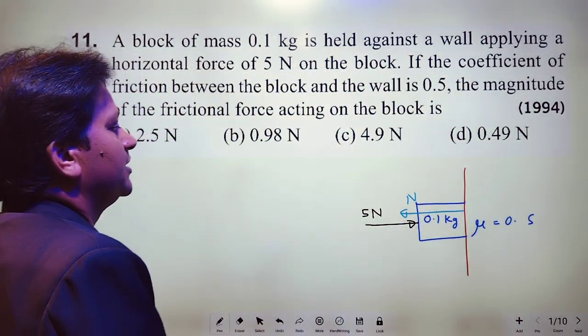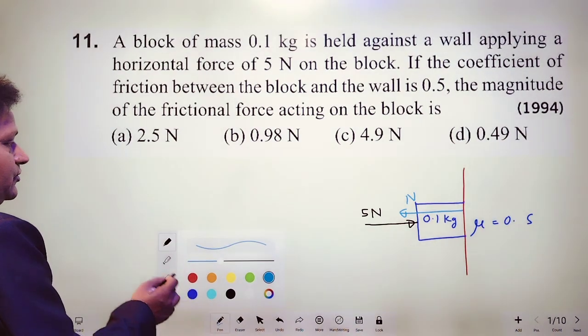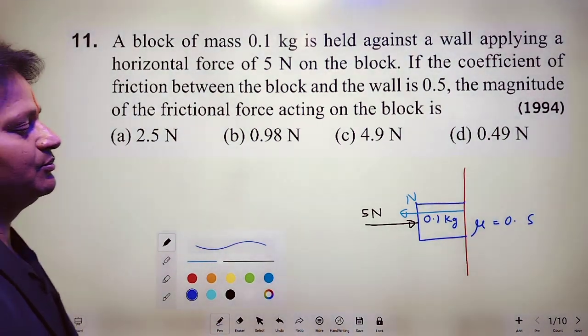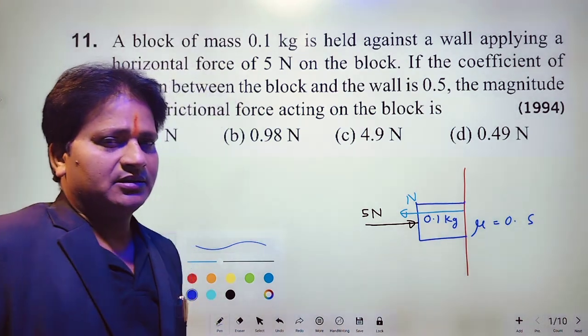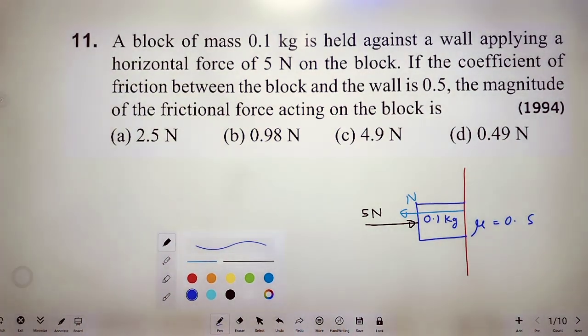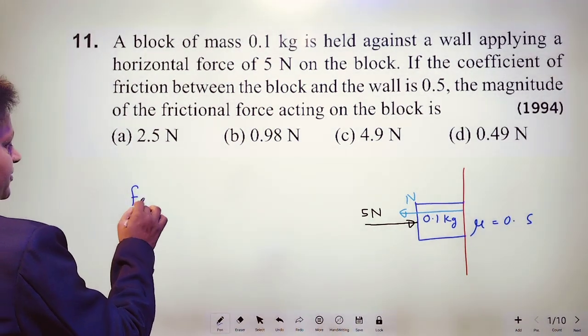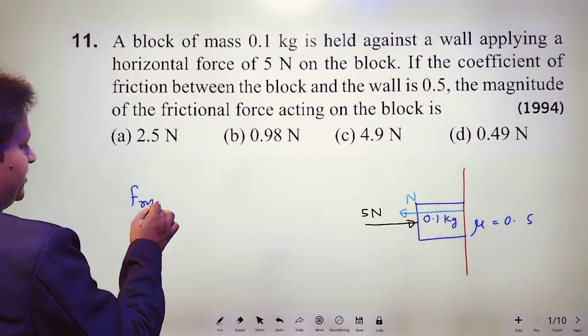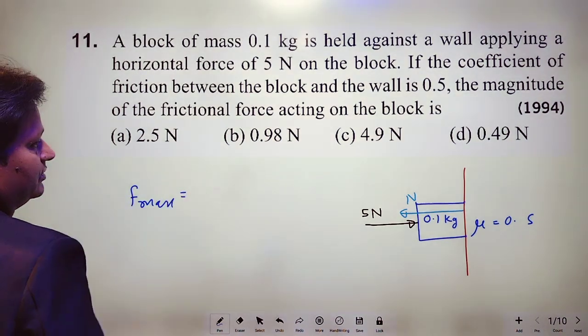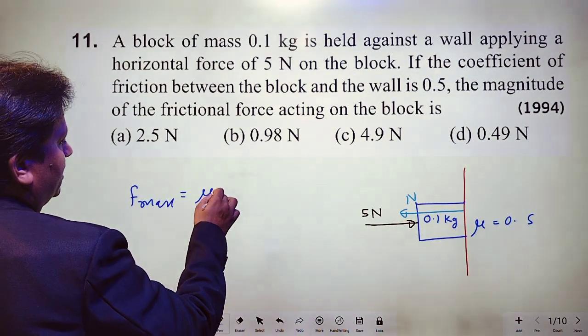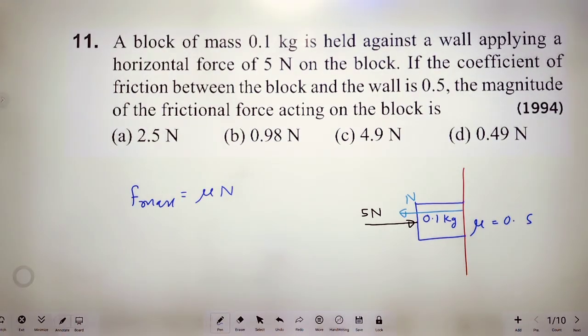First of all, we find the maximum friction, that is, the limiting friction. What will be the limiting friction? f maximum is equal to mu into N. What is the value of N?